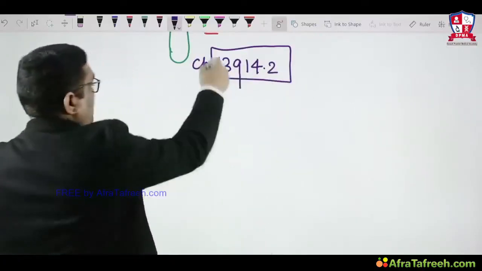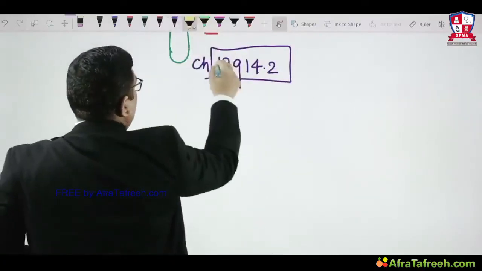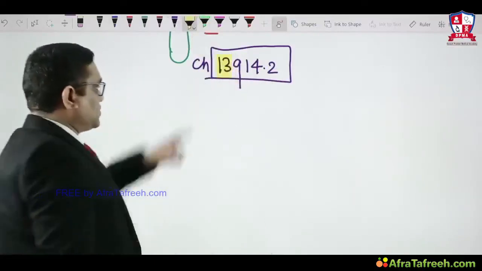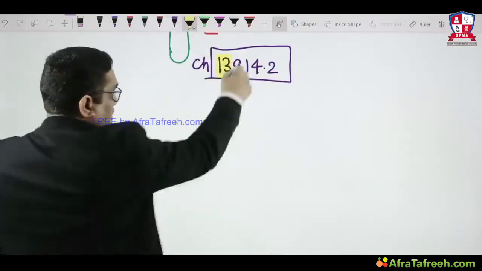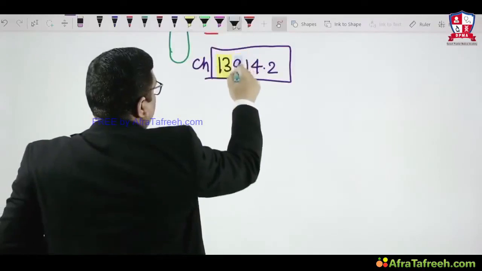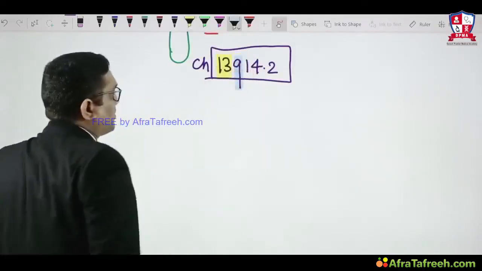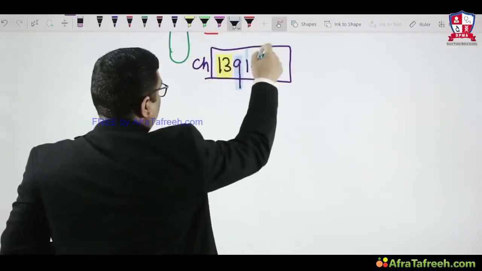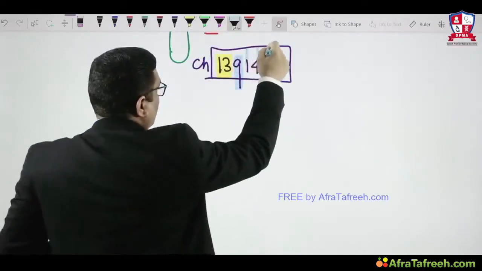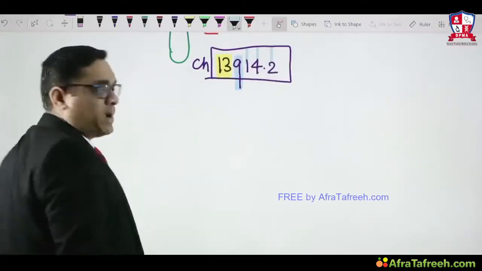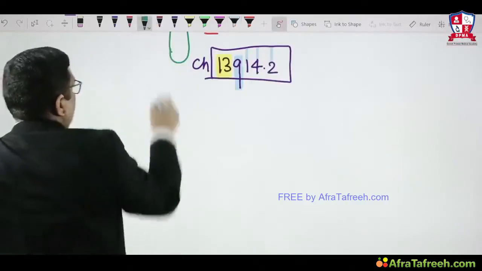Chromosome number is 13. Q, you can easily make out, is the arm, the long arm. What is 1? Region. What is 4? Band. And what is 2? Sub-band.